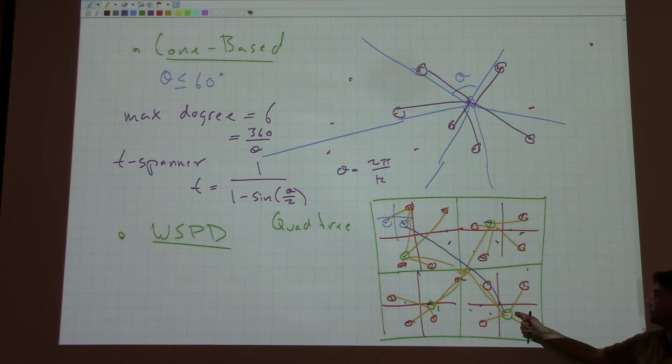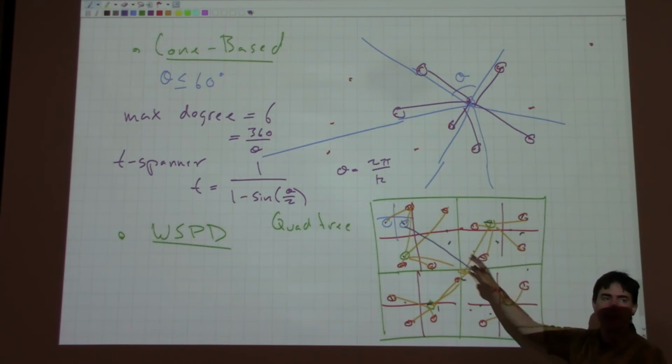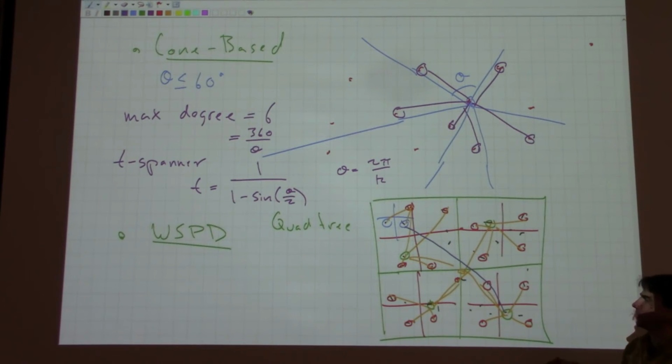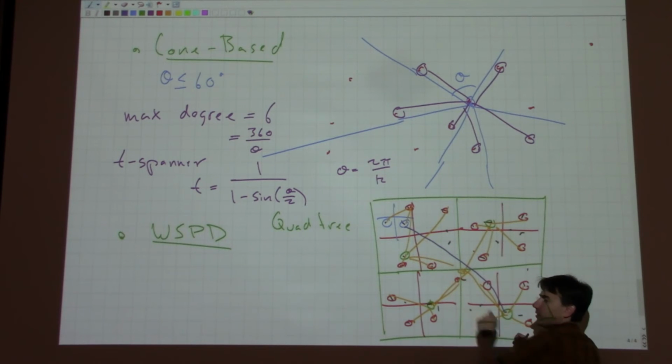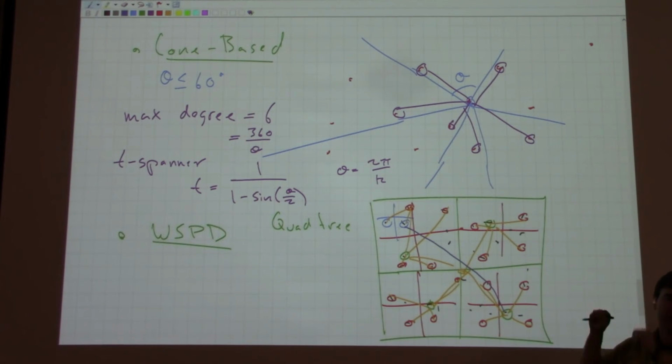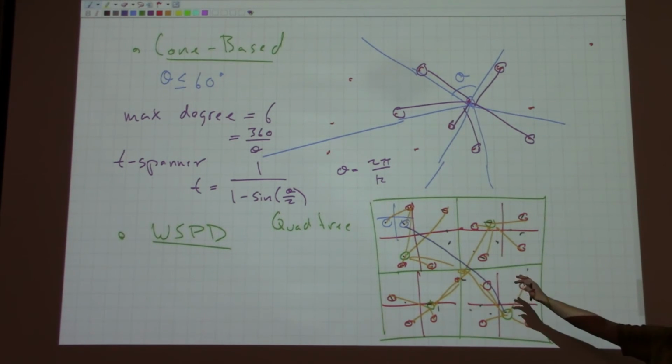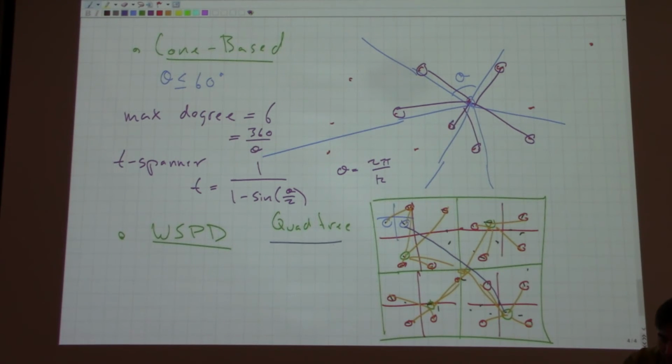No vertex has too high of a degree, because it goes across and then goes down the hierarchy as needed. And you can pretty easily, again, kind of just greedily decide whether you add these edges at different parts of the hierarchy. And so this comes up in a lot of places. This is like this quad tree.